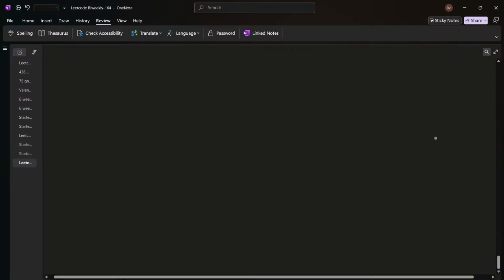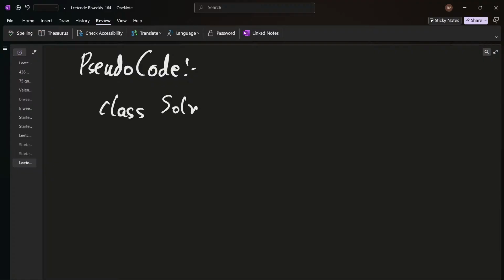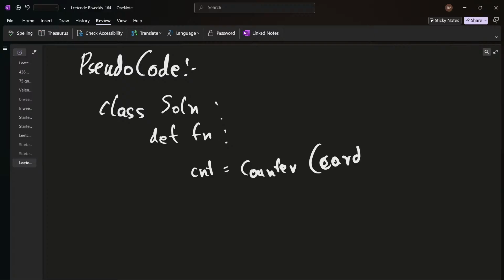With this, I'll go to the pseudo code quickly. This has a little bit lengthy code, but yeah, it's fine. Pseudo code, whatever class, and then different function. Then counter CNT, counter of cards.